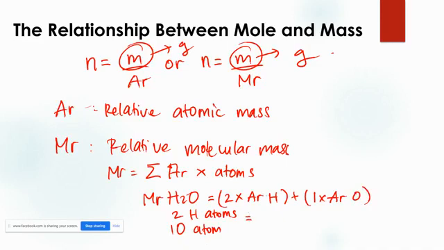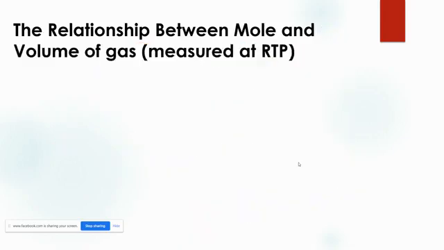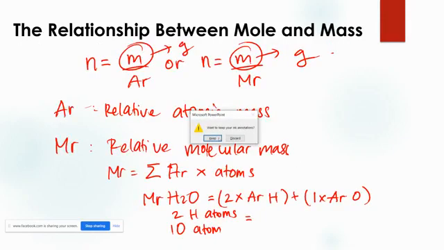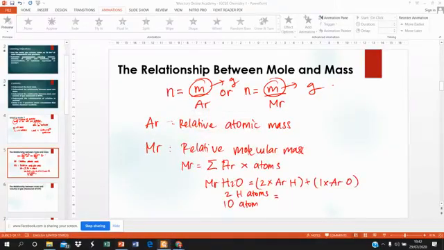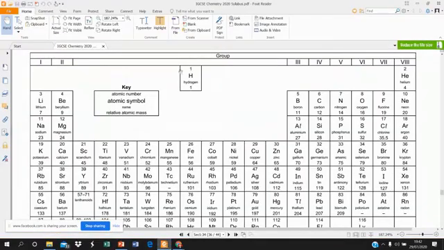Okay, let's see the AR value of hydrogen and oxygen from the periodic table. The AR value of hydrogen is 1, and the AR value of oxygen is 16.